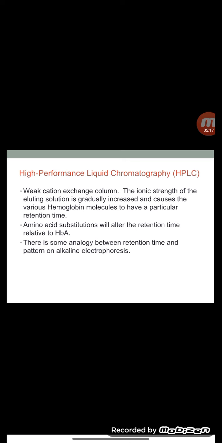The ionic strength of the eluting solution is gradually increased and causes the various hemoglobin molecules to have a particular retention time. Amino acid substitution will alter the retention time relative to hemoglobin A. There is some analogy between retention time and pattern on alkaline electrophoresis. So, HPLC is somewhat similar to extraction on alkaline electrophoresis.